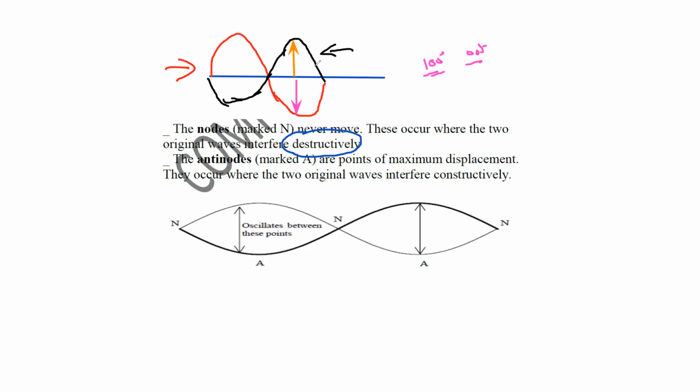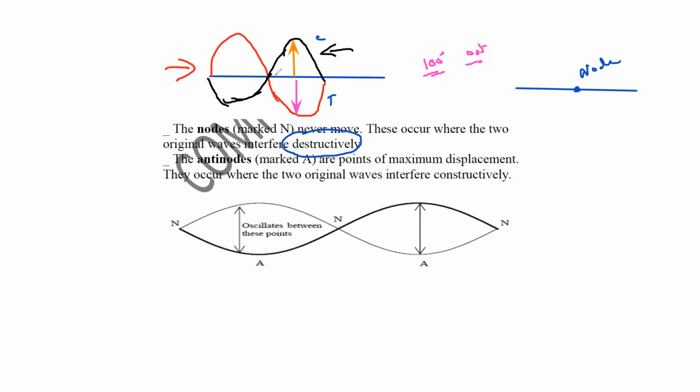As a result, they try to cancel out the effect of each other, and we will observe destructive interference. So at this point where the particles completely cancel out each other, we will observe a node. Because the crest of one wave joins with the trough of the other, the two waves completely cancel out the effect of each other and we get a node.